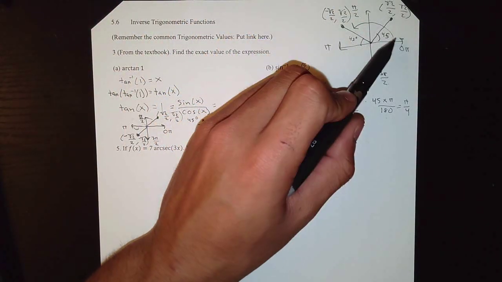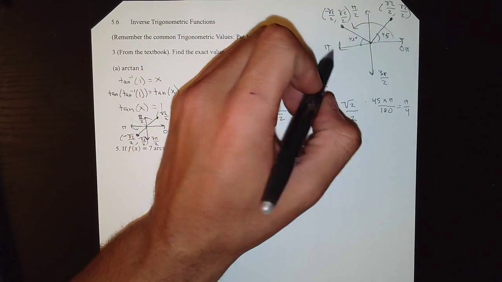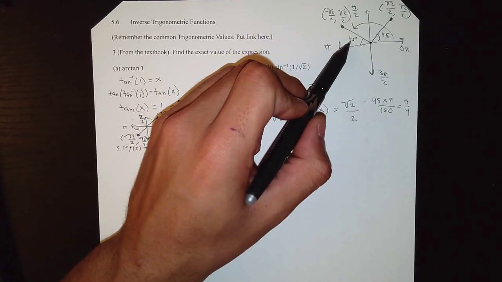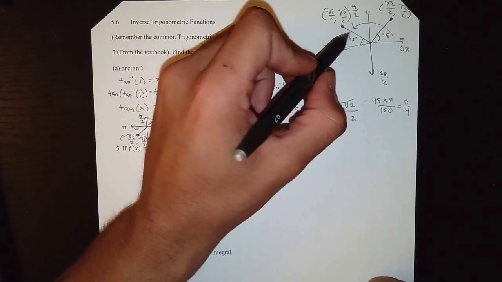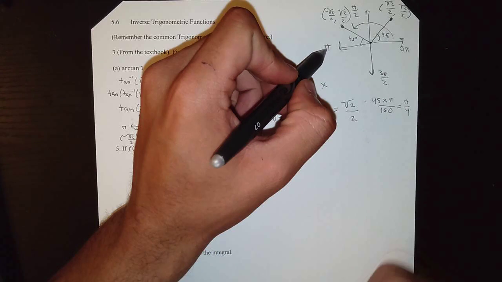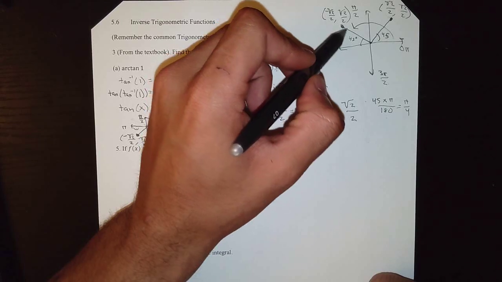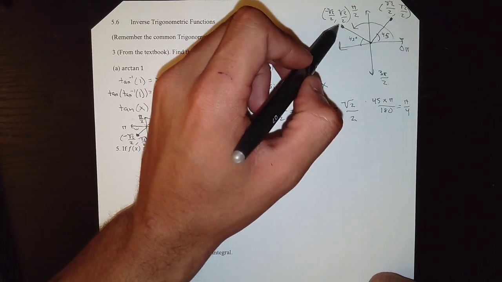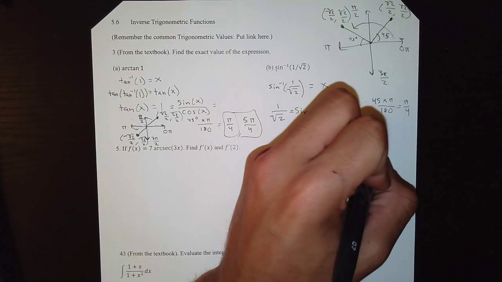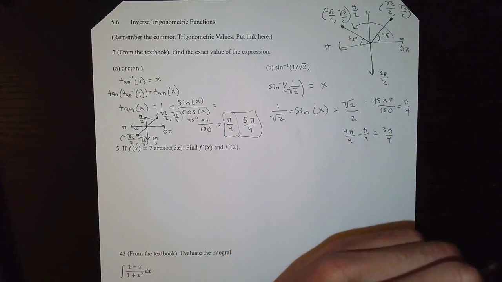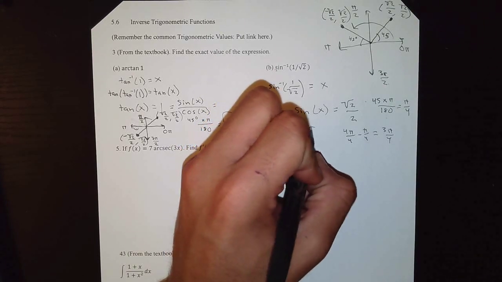And so in order to find this angle right here, we have to take this total degrees, which is pi, and minus what this degree is, which is pi divided by 4. Well, that's like 4 pi divided by 4 minus pi divided by 4, which is 3 pi divided by 4. And so the answer to the second one would be pi divided by 4, or 3 pi divided by 4.